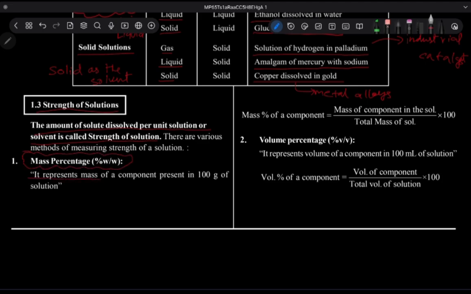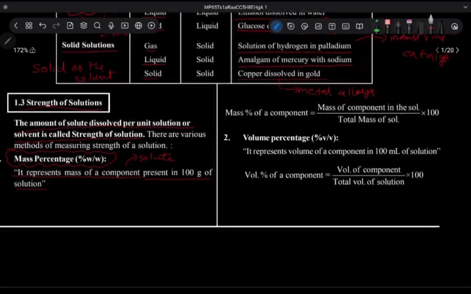Mass percentage represents the mass of a component, which is the solute, present in 100 gram of solution, and its formula is: mass percentage of a component is the mass of the component in the solution divided by the total mass of solution, into 100.